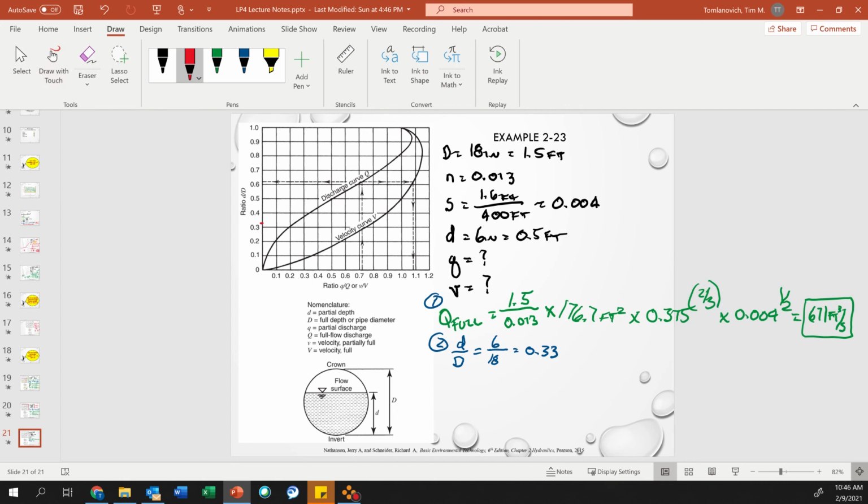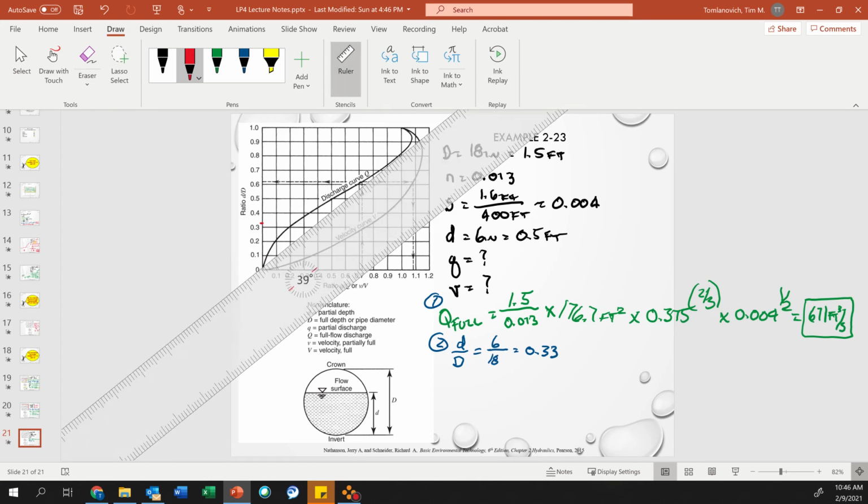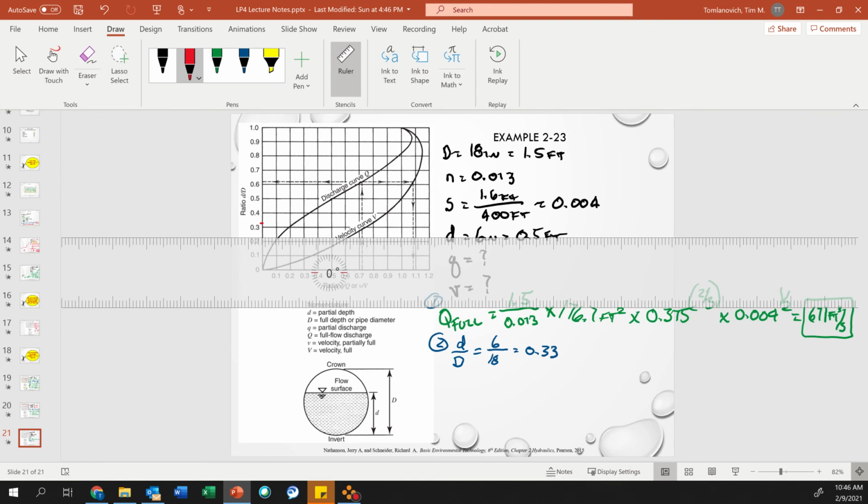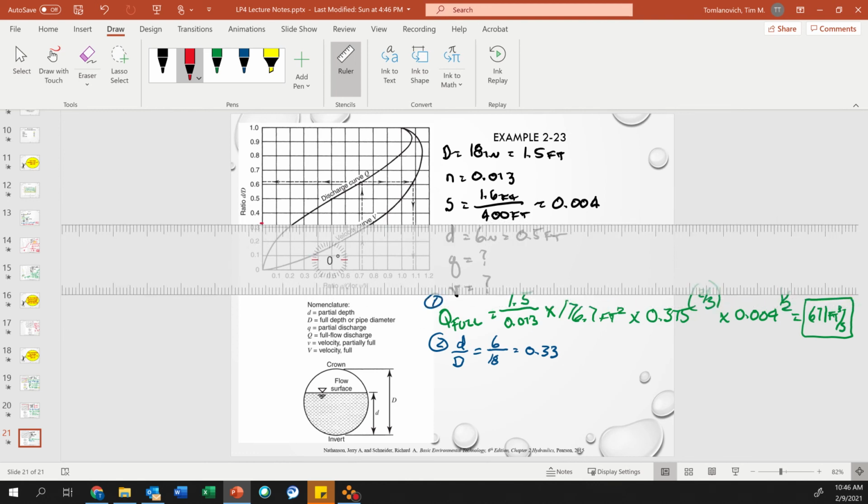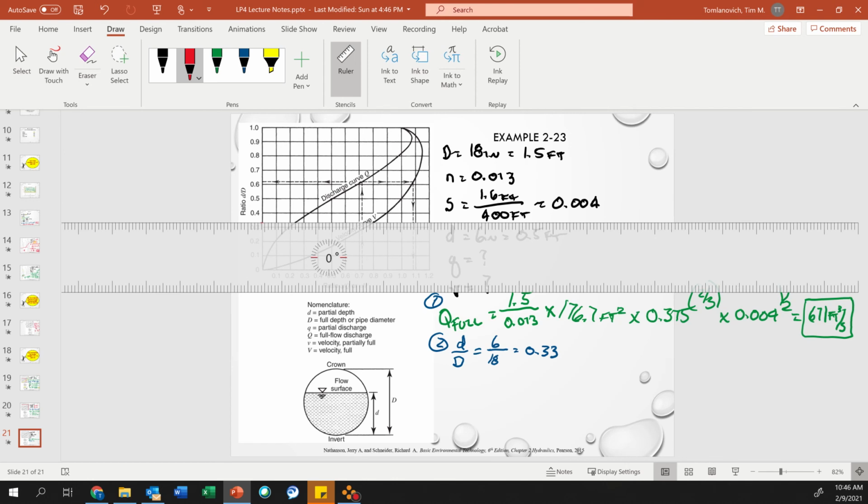We're looking for partial Q and partial V, so let's grab a ruler. I'm going to say it's right about there.